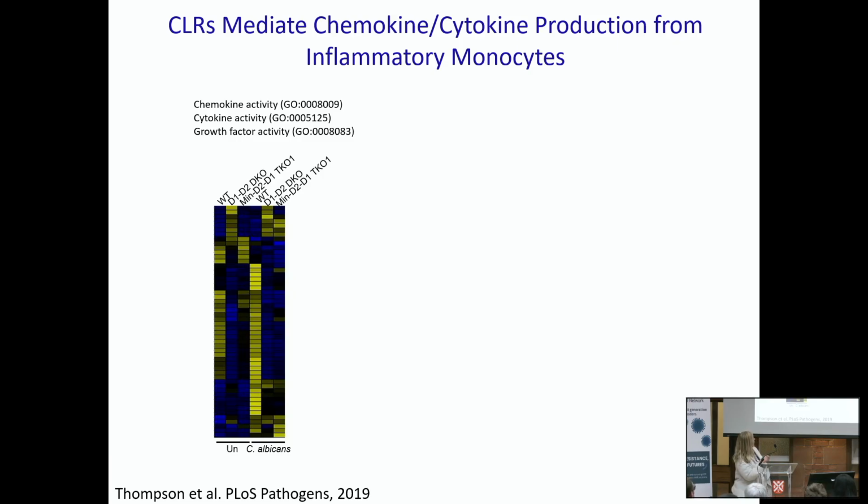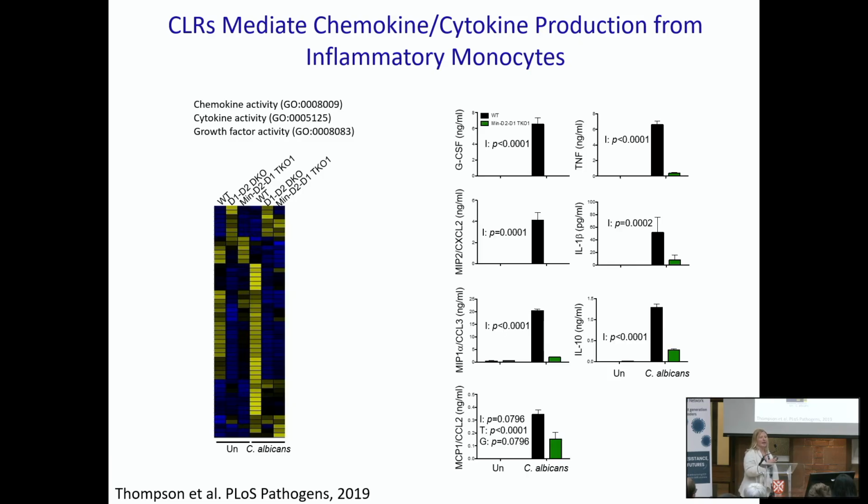So you can see in the wild-type cells, when we stimulate with Candida albicans, you get a nice upregulation of cytokines, chemokines, and growth factors. But this is quite considerably reduced in the Dectin-1, Dectin-2 double, and the triple knockouts. And again, we were able to confirm that for a load of different cytokines and chemokines by ELISA.